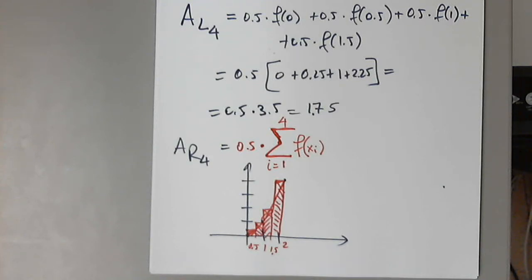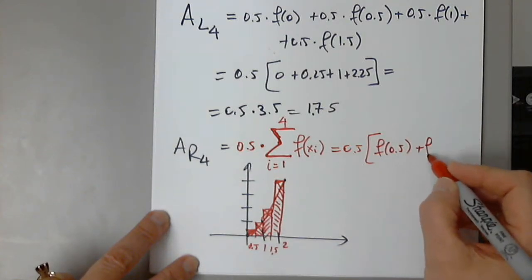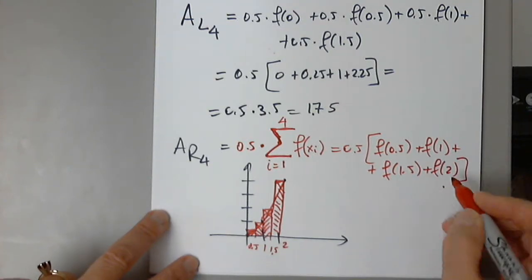When i is 2 for the second subinterval, how much is f of xi? f of 1. When i is 3 for the third subinterval, what is f of xi? f of 1.5. And for number 4, what is f of xi? f of 2. I wanted to insert that in there so you know what it means. So this is 0.5 times f of 0.5 plus f of 1 plus f of 1.5 plus f of 2.